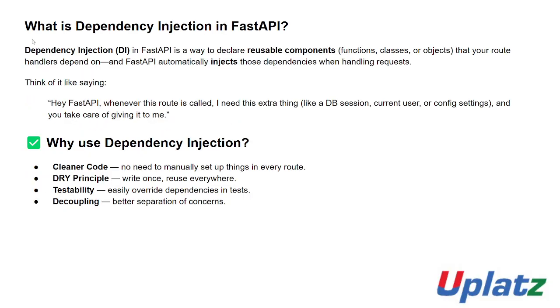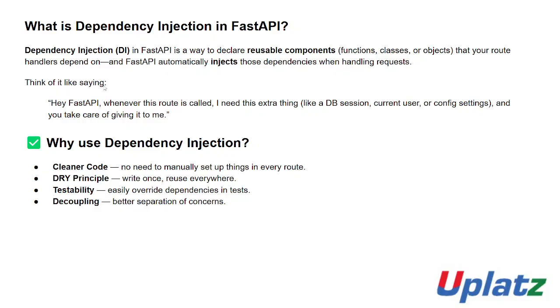Now we shall learn about the dependency injection we mentioned earlier. What is dependency injection in FastAPI? Dependency injection, or DI, in FastAPI is a way to declare reusable components, functions, classes, or objects that your route handlers depend on, and FastAPI automatically injects those dependencies when handling requests.